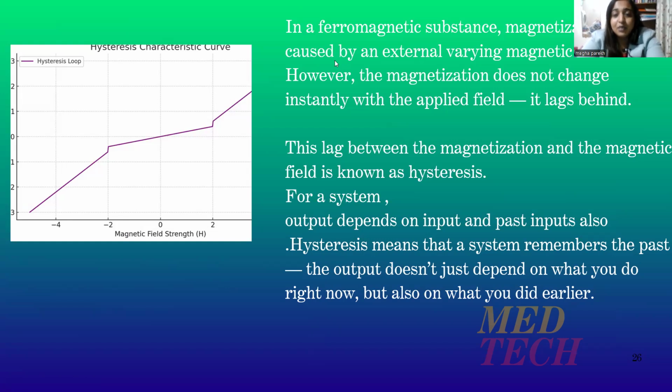This lag between the magnetization and the magnetic field is known as hysteresis. For a system, output depends on input and past inputs also. Hysteresis means that the system remembers the past. The output does not just depend on what you do right now, but also depends on what you did earlier.